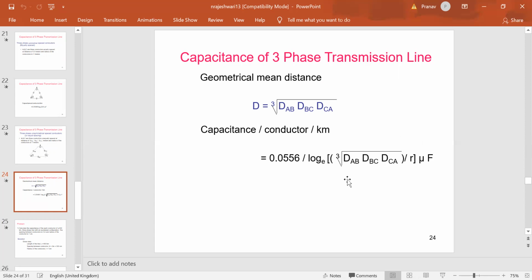So this is the equation for three-phase unsymmetrically spaced conductors. So the capacitance per conductor per kilometer is equal to 0.0556 divided by log of D by r, where D is the geometrical mean distance GMD, in microfarads.